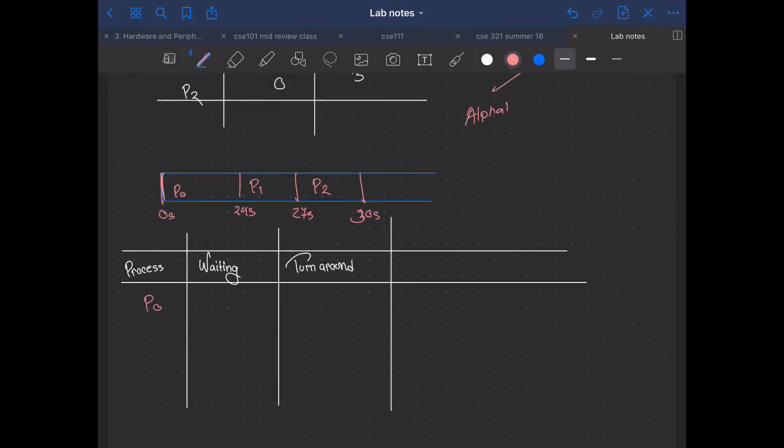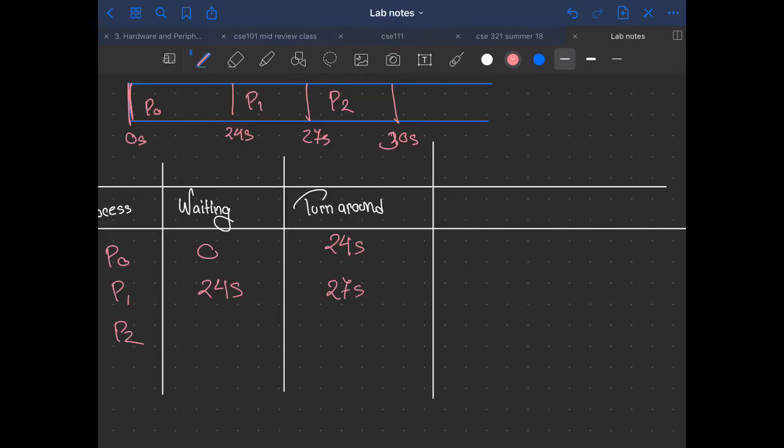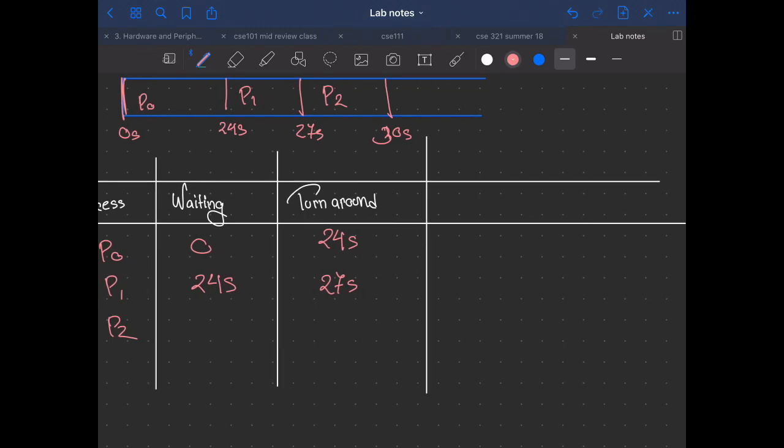If we write the processes down, we can see the waiting time for P0 is 0 and the turnaround time is 24 seconds. For P1, the waiting time was 24 seconds, which is a lot, and the turnaround time was 27 seconds. And for P2, the waiting time was 27 seconds and the turnaround was 30 seconds.